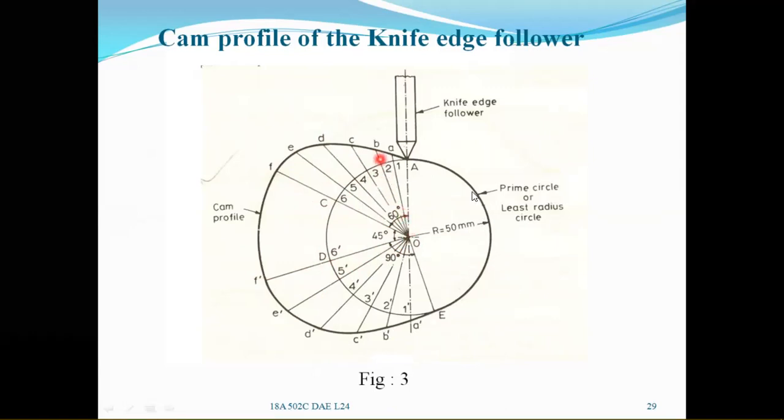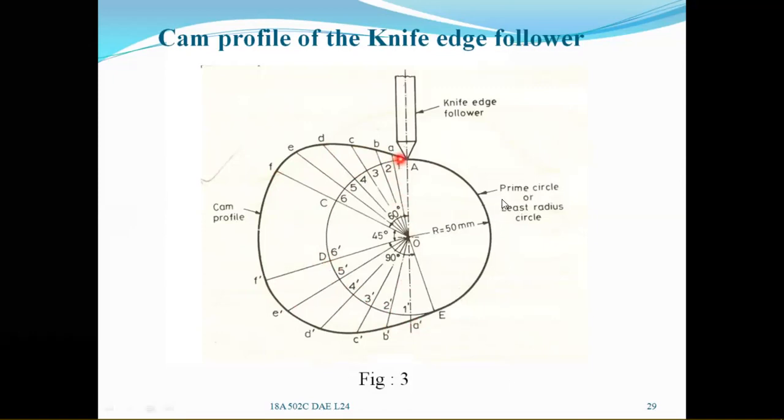After drawing lines from each point on the circle through the point O, take the lengths from the displacement diagram, 1A, using a compass, and mark A on the line, and similarly B, 3C, 4D, 5E, and 6F, and here 6 dash F dash, 5 dash E dash, 4 dash D dash, 3 dash C dash, 2 dash B dash, 1 dash A dash similarly.